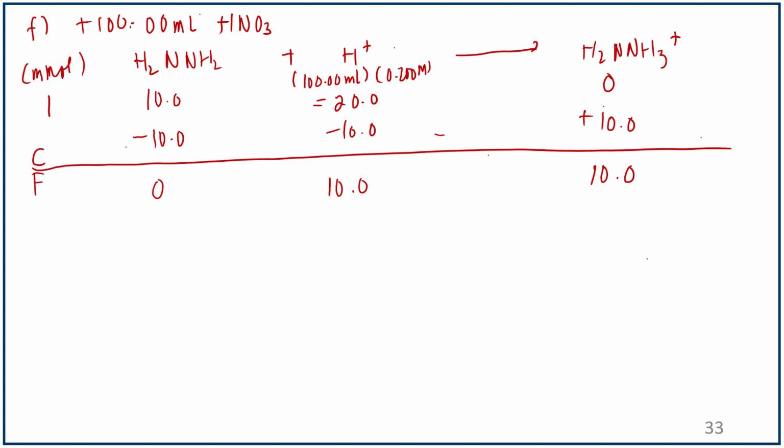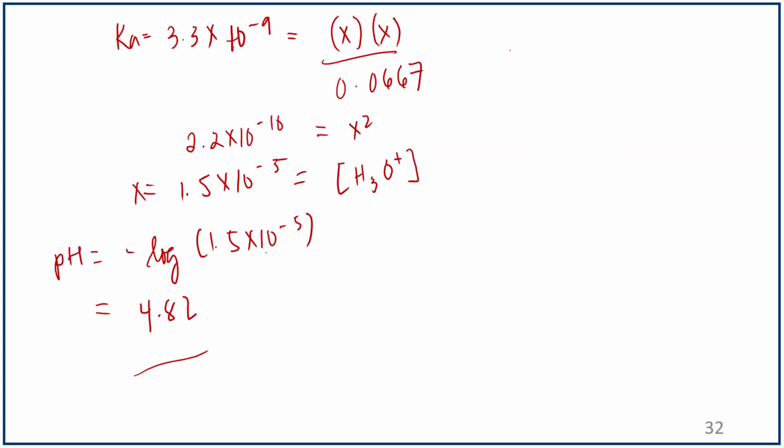Now this is past the equivalence point, and notice that we have an excess of protons along with hydrazonium ions forming. Now we assume that the amount of hydronium ions contributed by hydrazonium will be negligible, as we have actually calculated here.